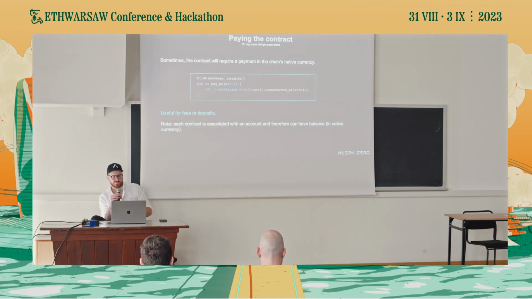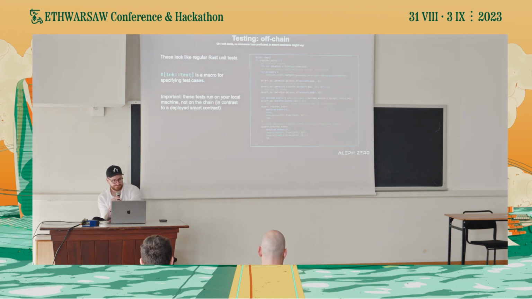And what's also important is that while the chain's native currency is secured by all of the cryptographic goodies and hashes and validators and everything, basically what you write inside of your PSP22 contract, that's what you get. And the chain cannot verify that your logic is correct, right? So you need to be quite careful here.